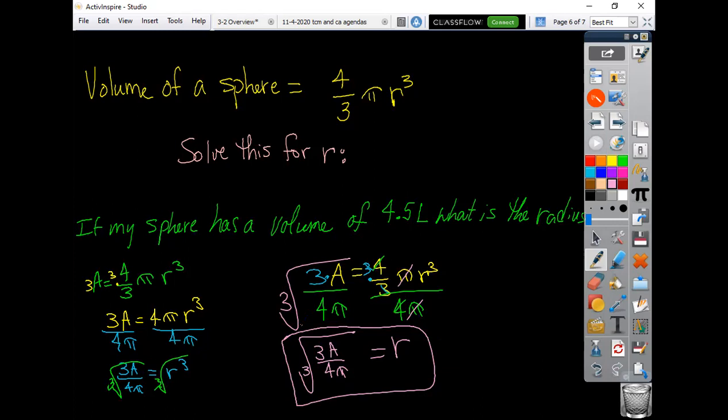Then it says, well, what if you have a volume? Oh my goodness, that whole time I was saying the wrong word. This is volume, not area. I know better than that. So where I wrote this A, this really should be a V for volume. Take that out of there.